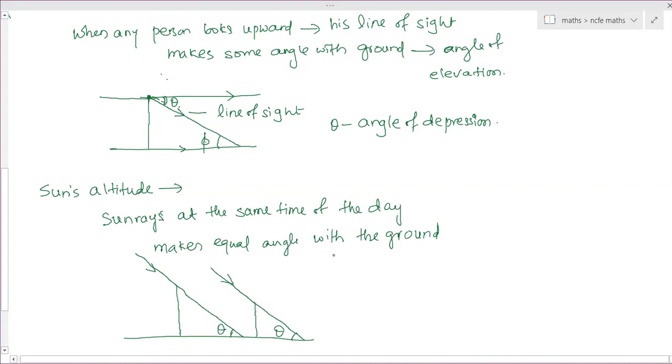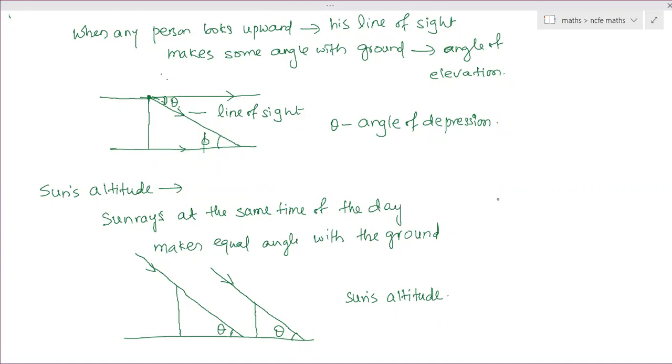These angles are called the sun's altitude. Student: But the rays originate from the same sun, so how can they be... they are traveling a long distance.